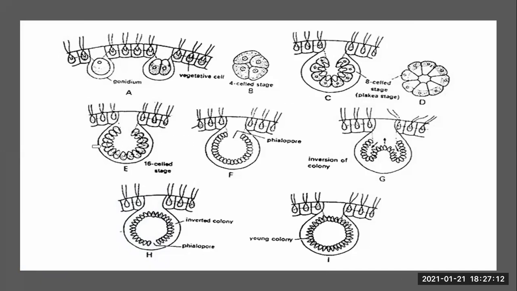And then again, this 4-celled stage is converted into the 16-celled stage. Now one opening, the phialopore, is present, and now the inversion of the colony starts. The inverted colony is represented over here with the presence of the phialopore, and this is the young colony of Volvox.